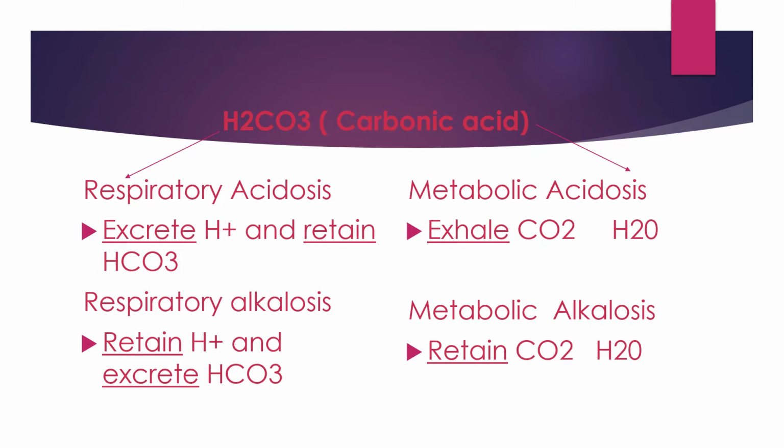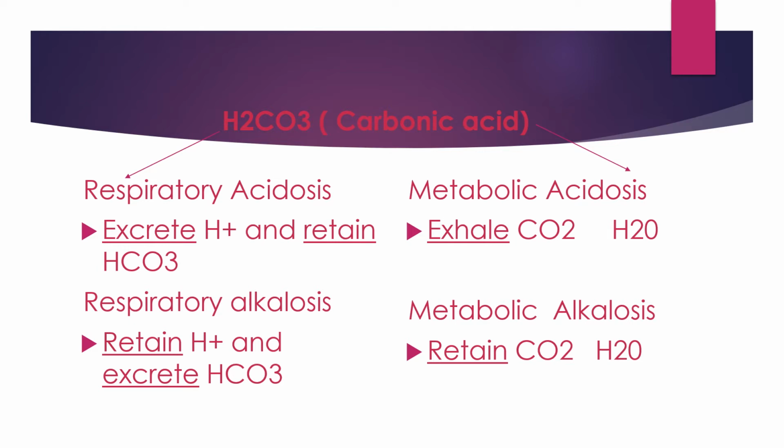In this page, it's telling us what our body does to compensate for said imbalance. So we have respiratory acidosis. What does our body do to compensate? We excrete hydrogen ions and retain bicarb.